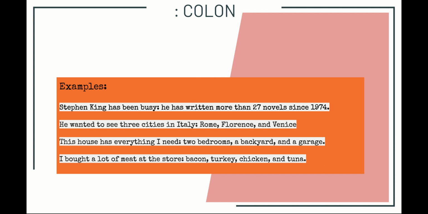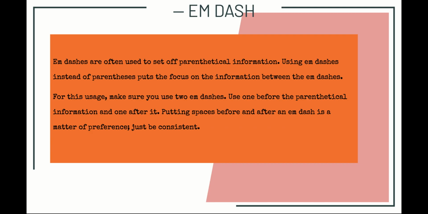He wanted to see 3 cities in Italy: Rome, Florence, and Venice. This house has everything I need: 2 bedrooms, a backyard, and a garage. I bought a lot of meat at the store: bacon, turkey, chicken, and tuna. So all of these are lists, and then the first example is using a colon for emphasis. So if you would like to learn more, there are some other uses for colons. If you would like to learn more about them, you can also look that up.